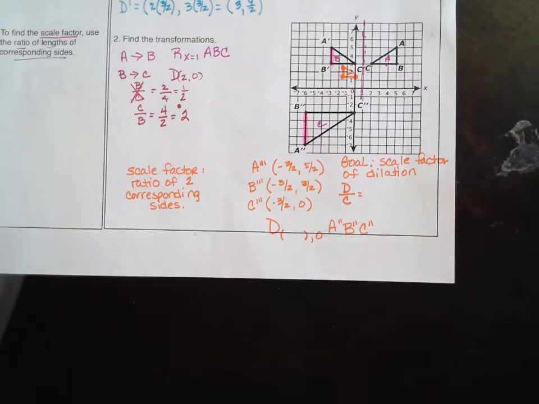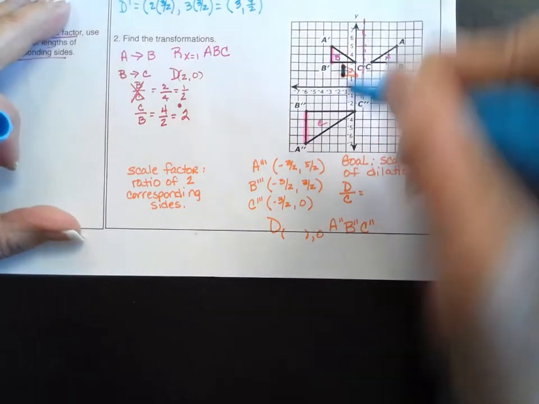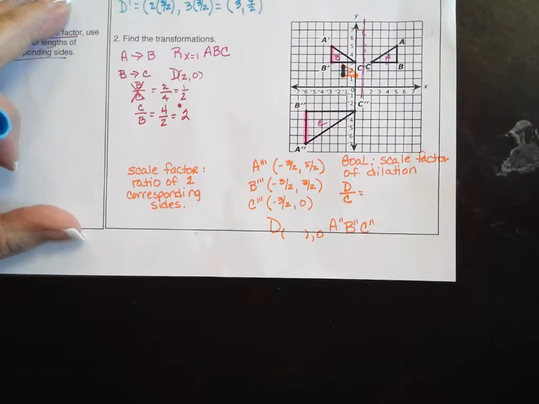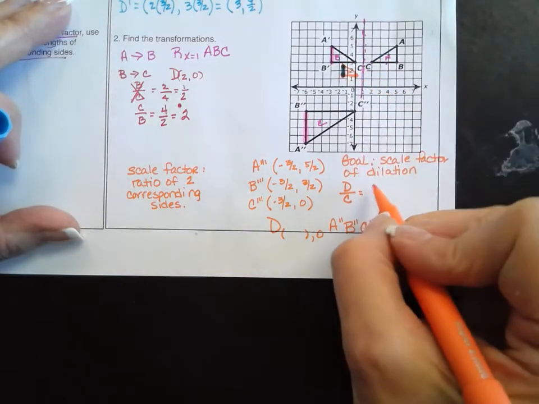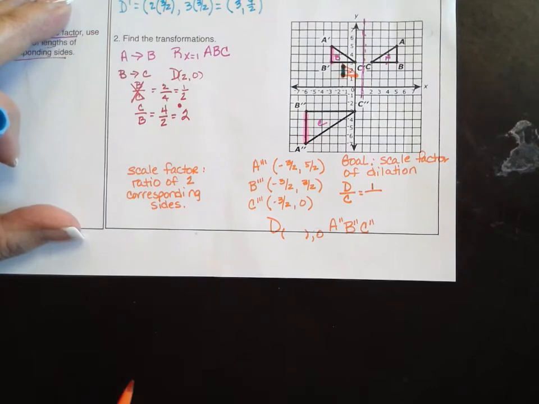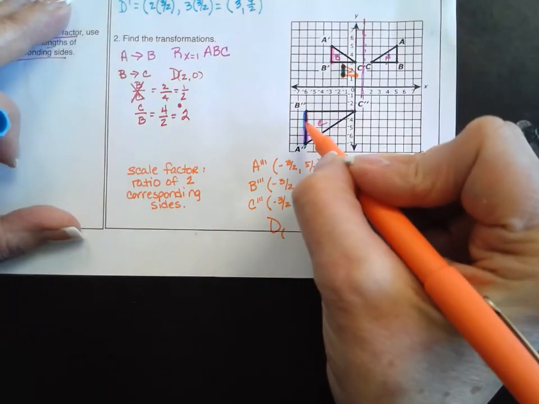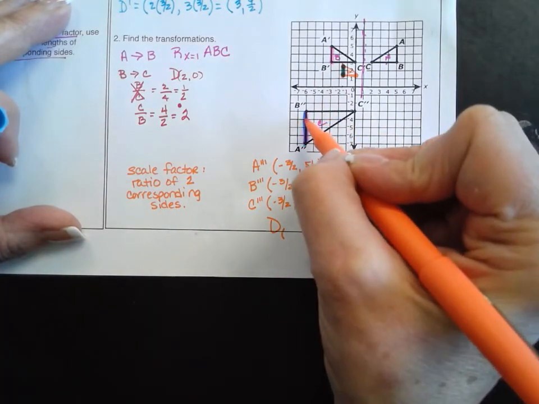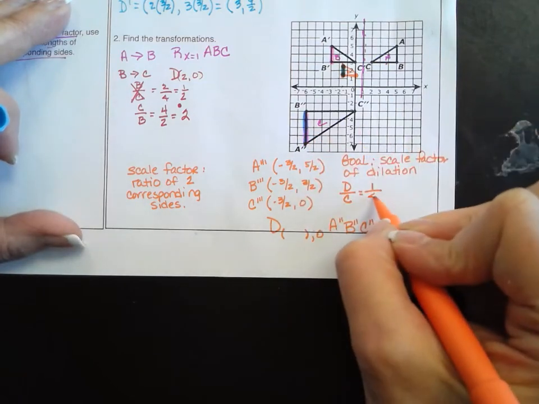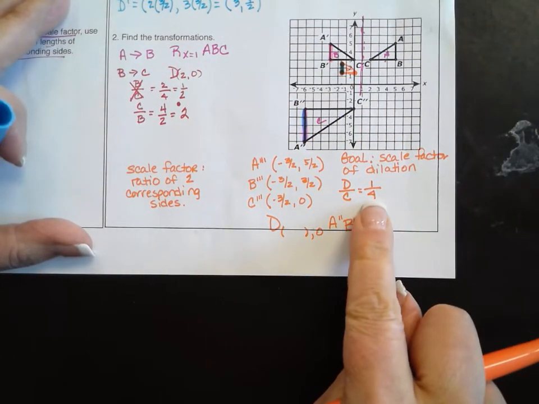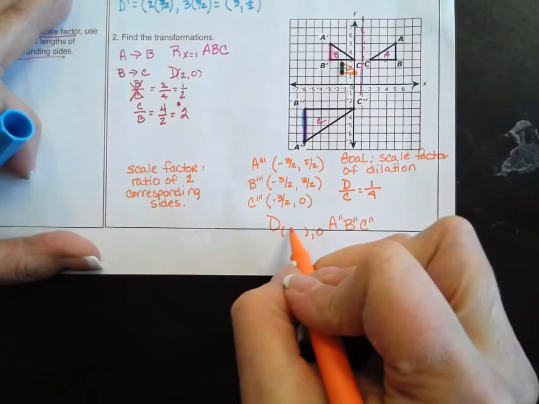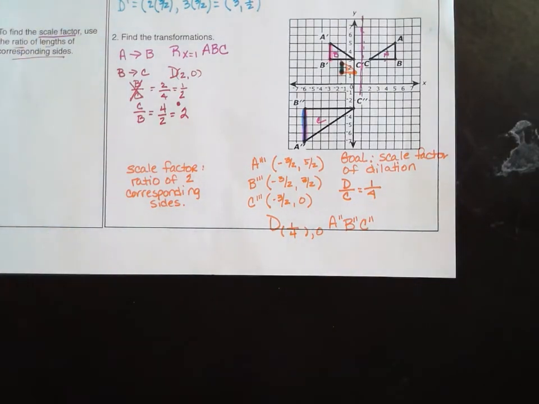All right, so all you need to do is count the length of a straight side. So from here to here, it's 1. When I look from here to here, because that's my corresponding side, I have 1, 2, 3, 4. So my scale factor is 1/4. All right? Does that make sense? Yes?